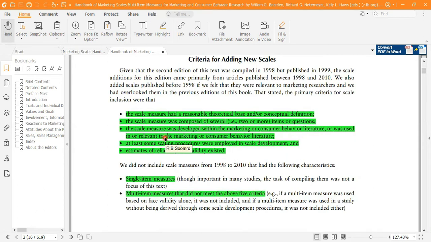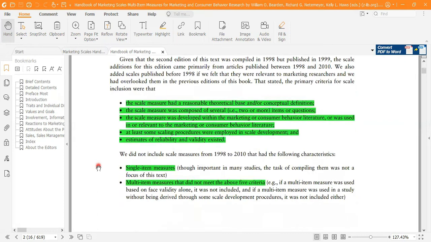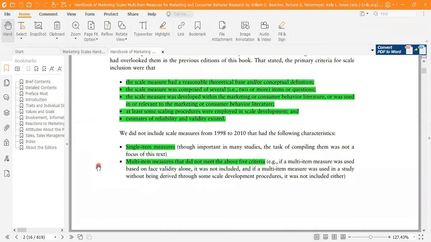So these are the five criteria. If any measure meets these criteria, it has been included in this book. Another point is that a single item has not been included or added in this book, and a multi-item scale that does not meet these five requirements has also not been added.